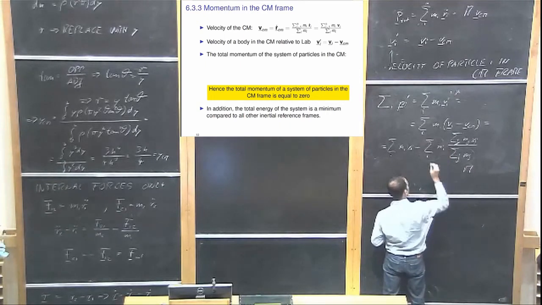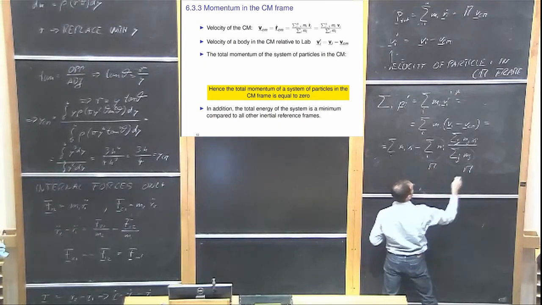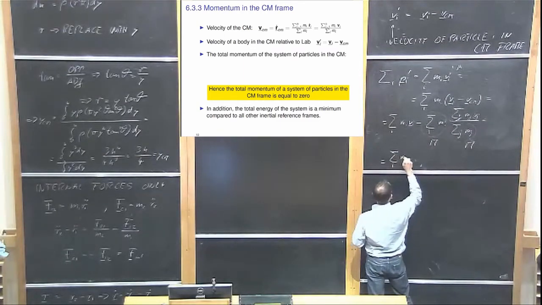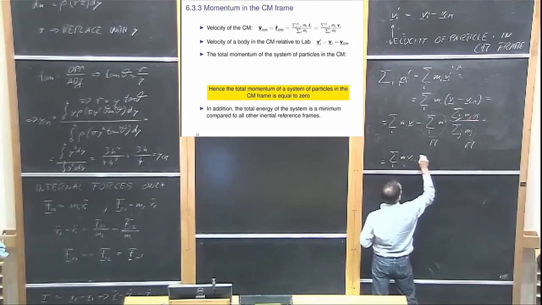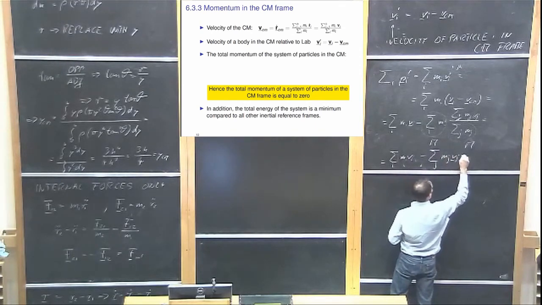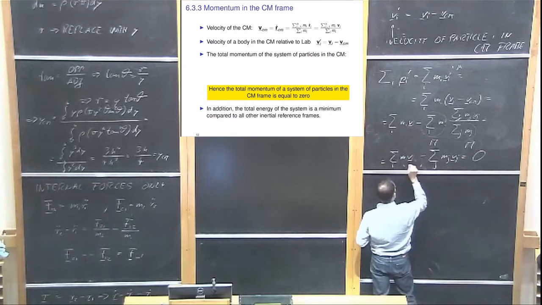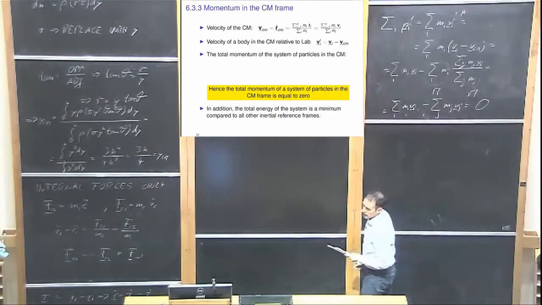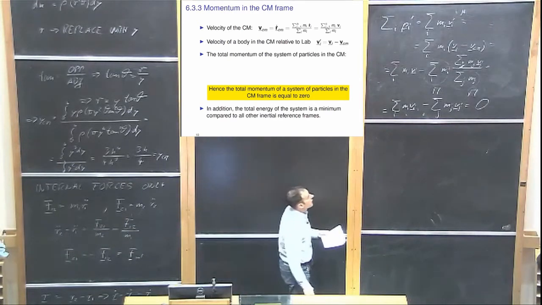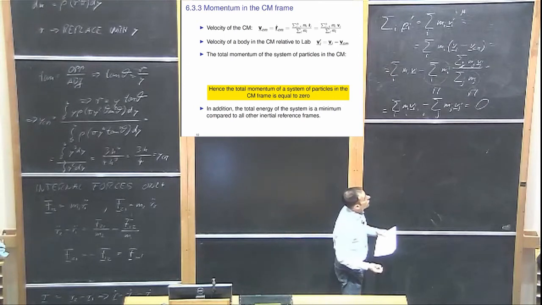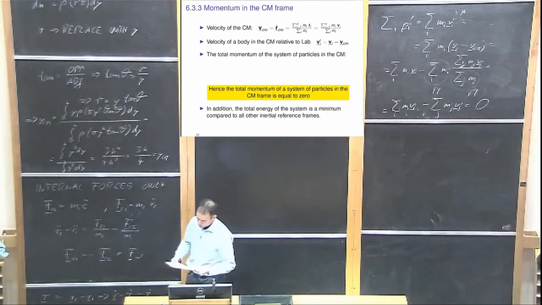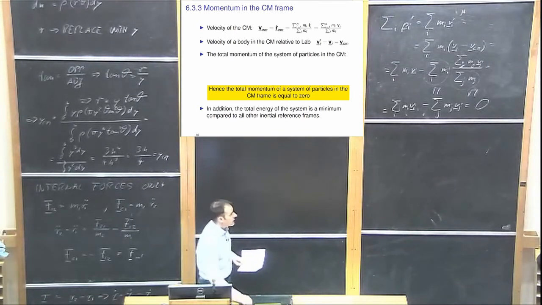If I sum up over all i's here, I get the total mass. They're going to cancel, and I basically end up with sum over i of m_i V_i minus sum over all j of m_j V_j equals 0. And the index, whether it's i, j, a, or whatever you use, is secondary. You just have to stay consistent and be very careful when you use those indices, that you use different indices where they are warranted and the same when you need to sum over those.